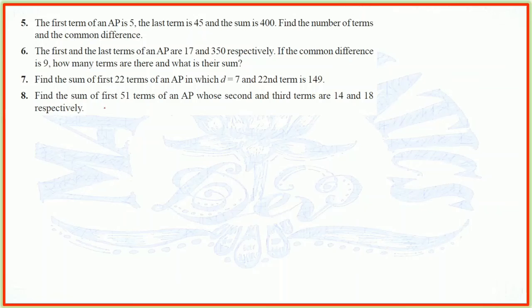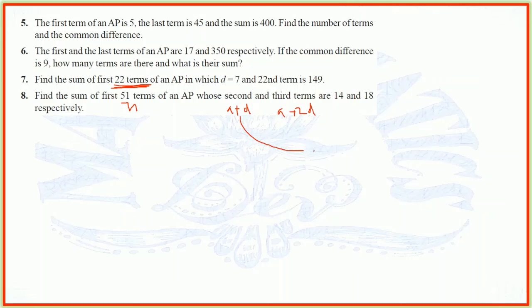Now find the sum of first 51 terms. So again, the question is similar to the seventh one. n is equal to 51. The second and third terms are given. Second means a plus d, and third term means a plus 2d.